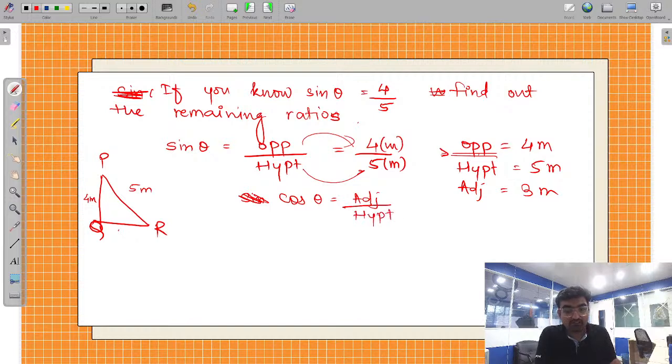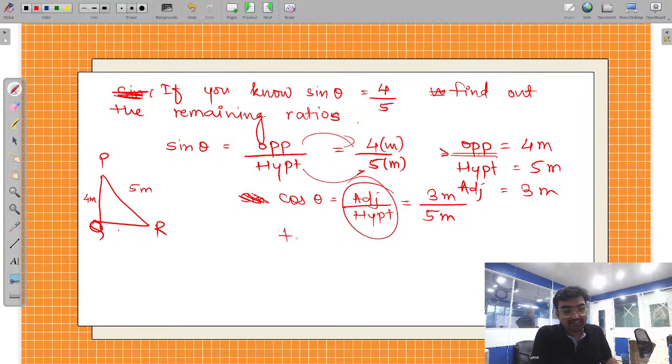Now for a while you will feel bored that why I am writing the ratios again and again, but remember, until you have known these ratios for a very long time, use them as much as possible, and that's how it will be easy for you to memorize. Okay, so now adjacent is 3m and hypotenuse is 5m, correct?